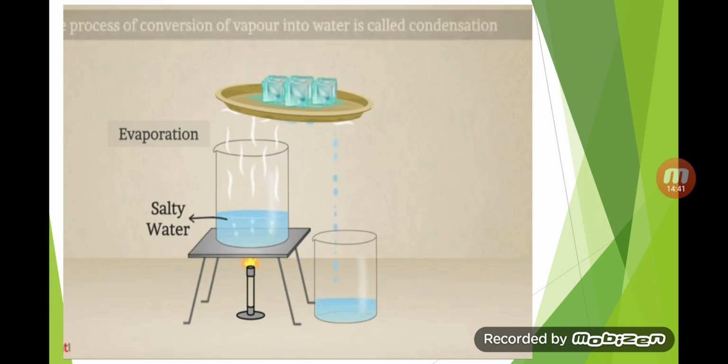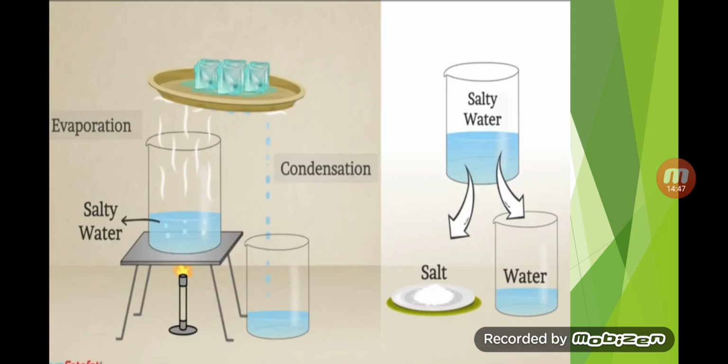By which processes? Evaporation as well as condensation; by following both processes you can get back the salt and water. And that is a mixture because this is a simple physical process, condensation and evaporation.